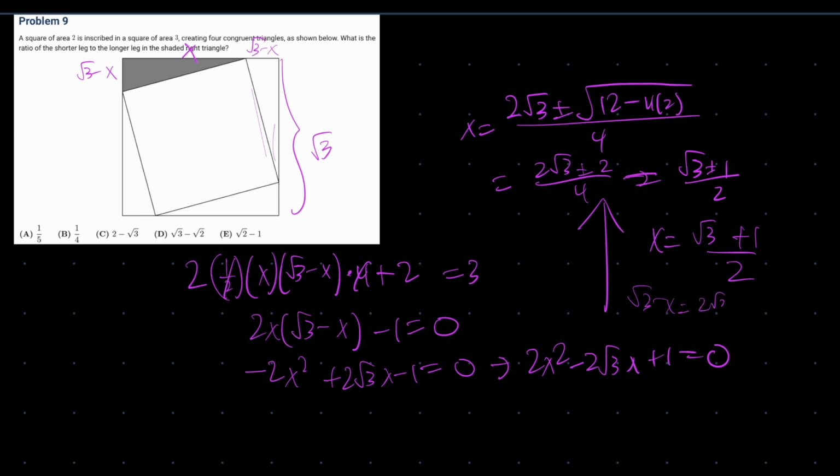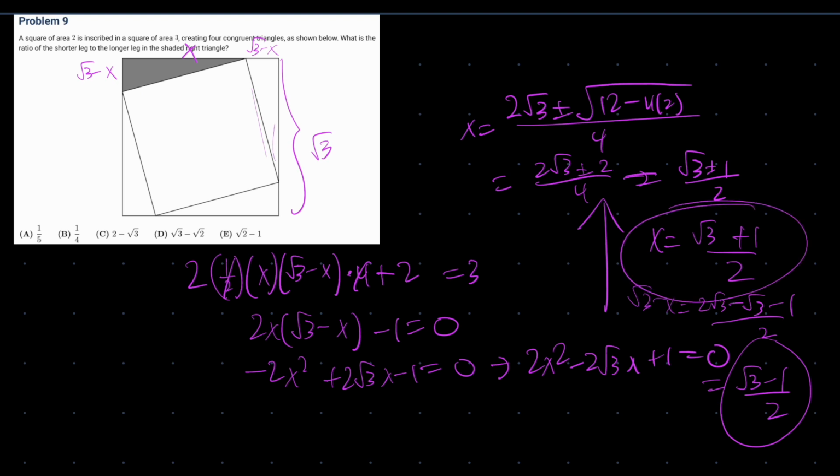So we have 2 root 3 minus root 3 minus 1 over 2, which is root 3 minus 1 over 2. And that is indeed less than this, because we must have this is shorter than here. And if we take the other solution, then we get something that lets the quote unquote shorter leg actually be longer. So this is the correct solution here.